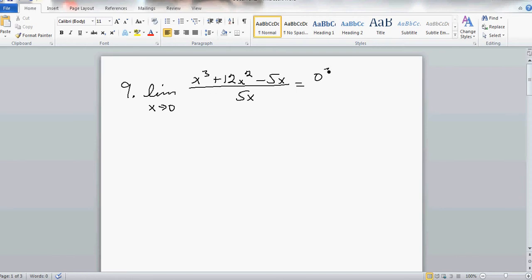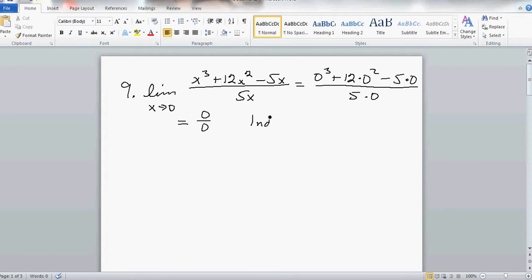So we get 0 cubed plus 12 times 0 squared minus 5 times 0, and hopefully you see this whole thing will equal 0, and 5 times 0, and hopefully you'll see that equals 0.